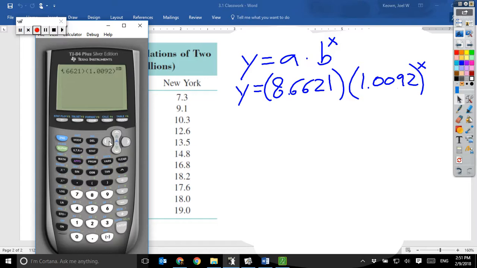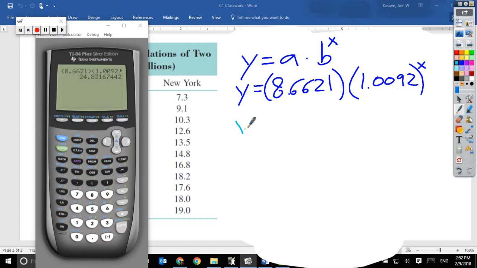Oh, no, not x. And then I'm going to plug in 115. We'll hit enter. There we go. And I get 24.8.